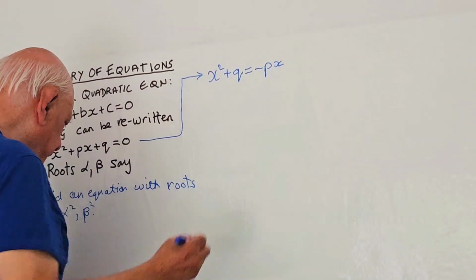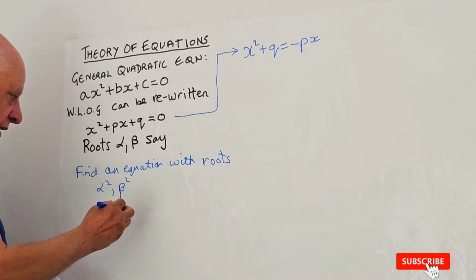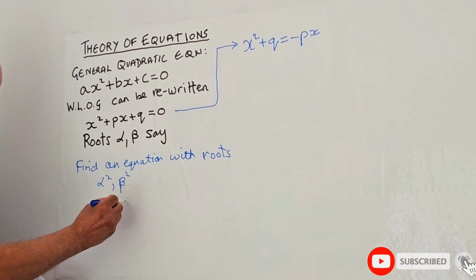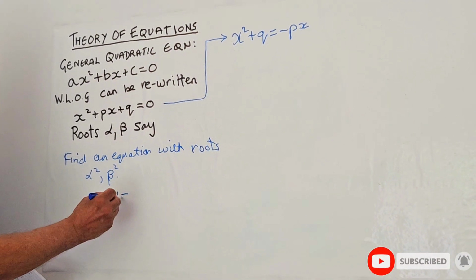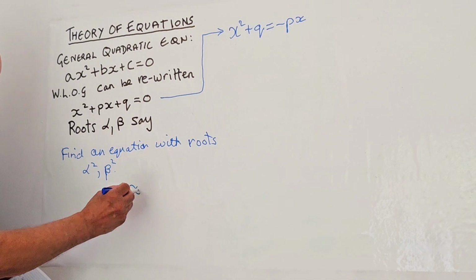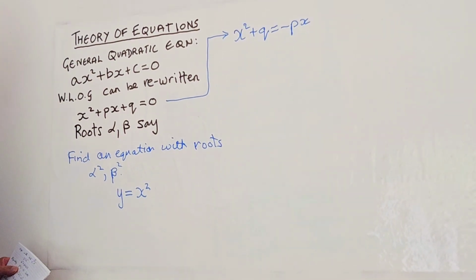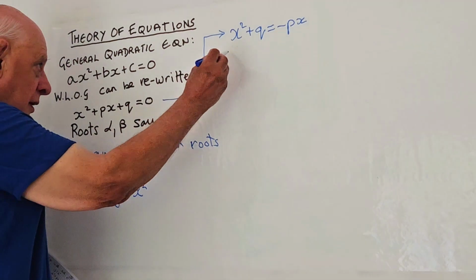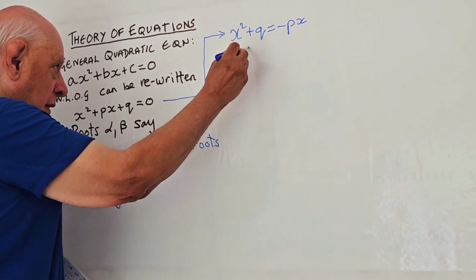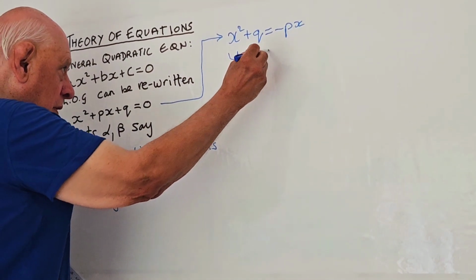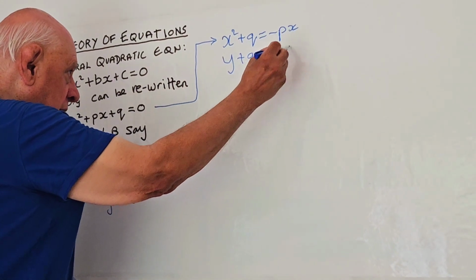Now here, let me say that in this particular equation, y is going to have to equal x squared. So the x squareds are replaced by y. So we can straight away here put on y plus q equals minus px.